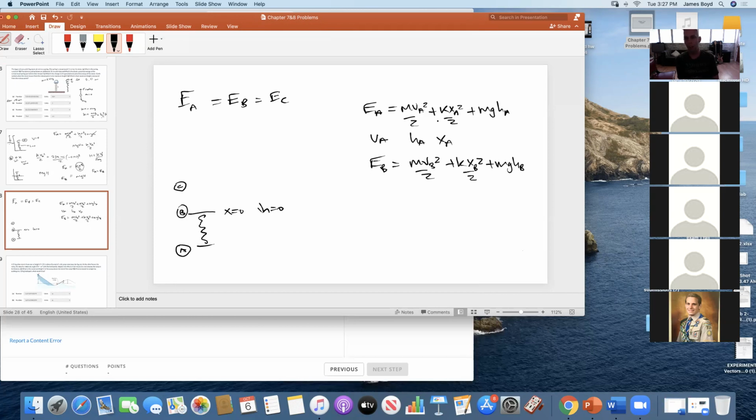Write down every type of energy, even if there's not springs. Just get in the habit of writing mvA squared over 2 plus kxA squared over 2 plus mghA, and then cross off everything that it doesn't have. I totally recommend you do that, because then you take your brain out of it and you just make it a standard form every time for these problems.